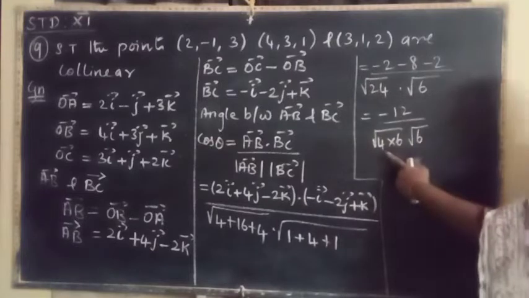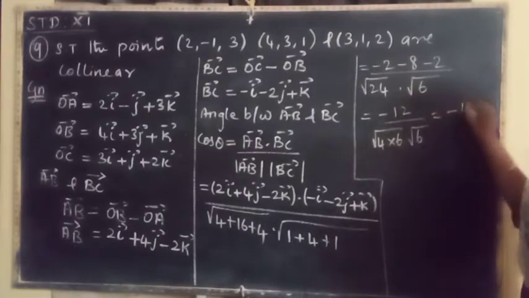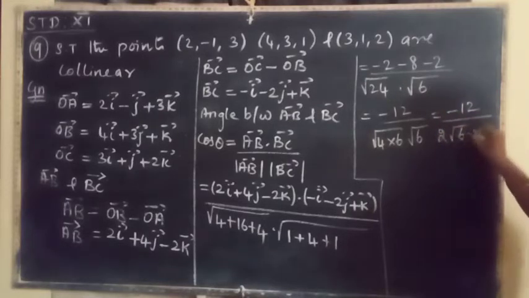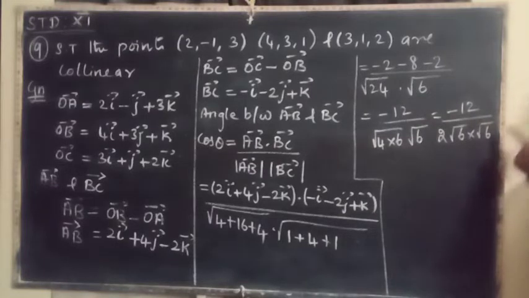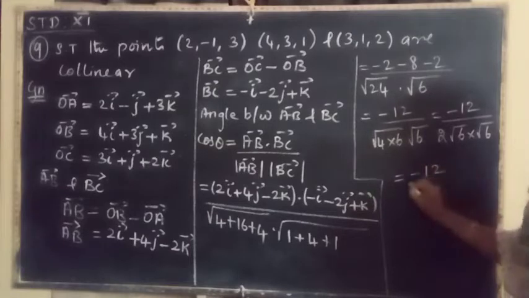When I take the square root of 4, I get 2. So I get minus 12 divided by 2 root 6 into root 6. Root 6 into root 6 becomes 6. So our answer is minus 12 divided by 2 into 6.